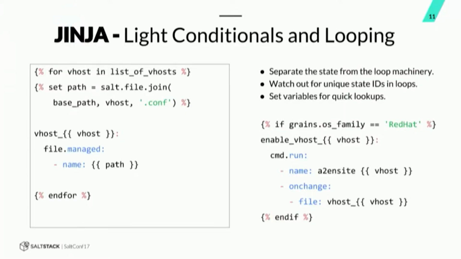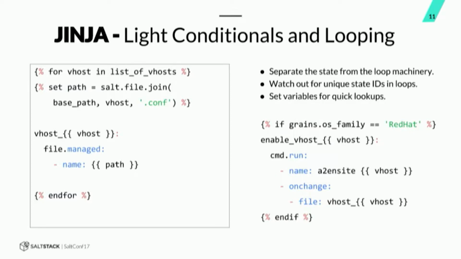Format the data in Jinja so that it's easy to loop over, so that the loop itself is syntactically simple, and the logic is outside of that. So on that point, light conditionals, light looping, right? If it gets too heavy, if you've got nested conditionals where you've got if statements and if statements and if statements, and you've got that kind of pyramid of doom growing, that's a code smell, right?